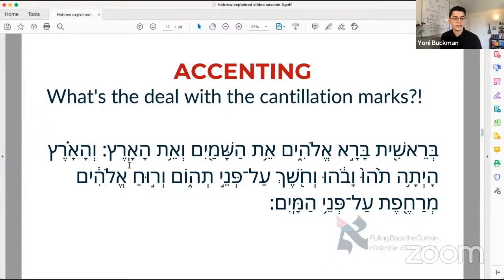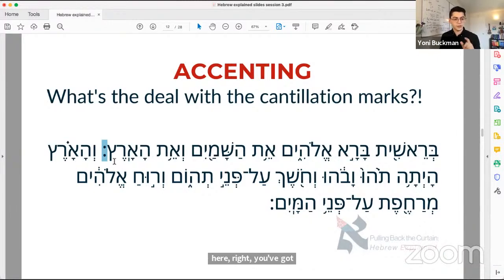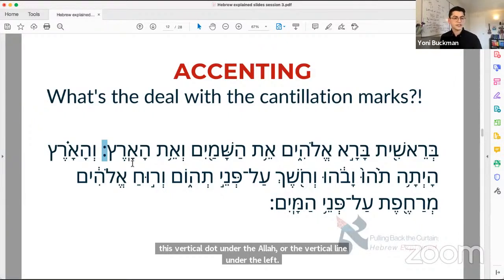It's this vertical line under the aleph. And then the colon here, the sof pasuk, is essentially a period, so it has to come at the end of the word, but that doesn't help you. The punctuation of the sof pasuk doesn't tell you which syllable is accented, and that's what the vertical line under ha'aretz does.